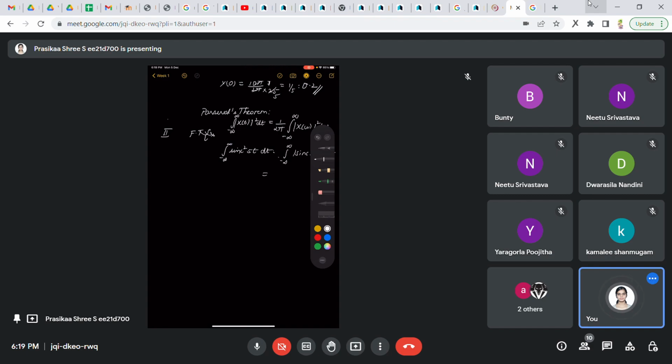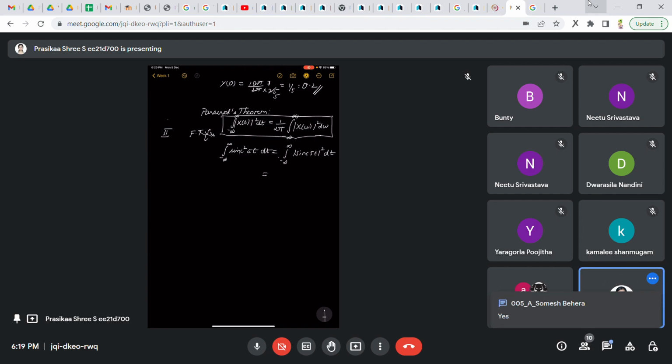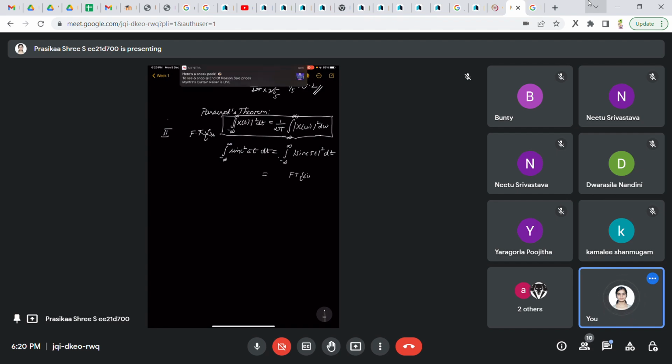Am I right in this expression, the Parseval's theorem? Let me check once. Okay, so 1 by 2 pi should be there, right, Somesh? Yeah, so we are averaging it over 2 pi. This is power, right? Parseval's theorem is comparing power. Okay, so what you can do is take the Fourier transform of sinc 5t and compute its energy.